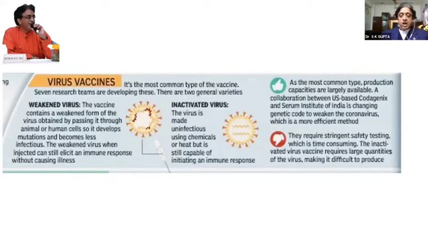So the Serum Institute of India is collaborating with a US-based company called Codagenix to produce a live attenuated vaccine in which the genetic code of the virus has been changed and attenuated in such a way that it is not able to generate the disease. It is still in the phase 1 or rather the preclinical phase. In inactivated virus vaccines, India is already at the forefront by way of Bharat Biotech's vaccine.